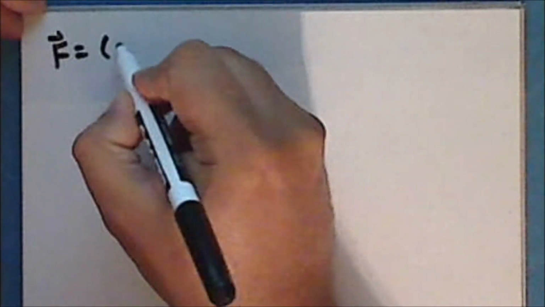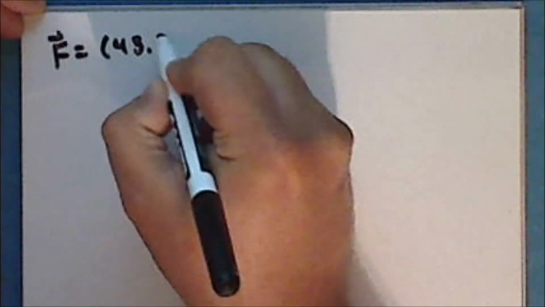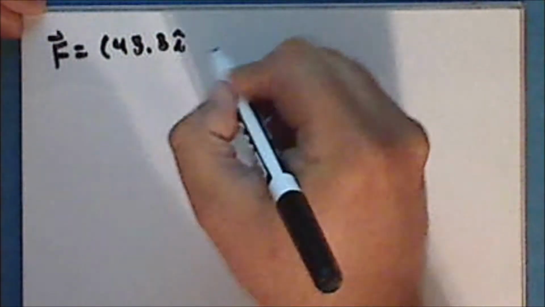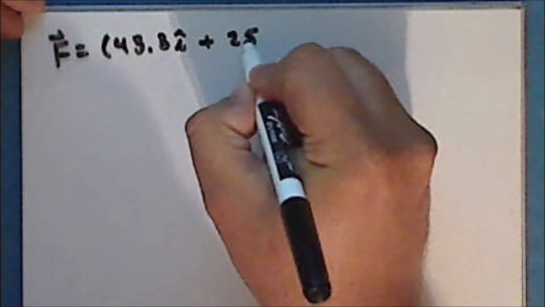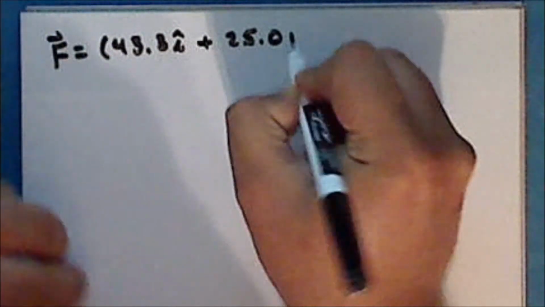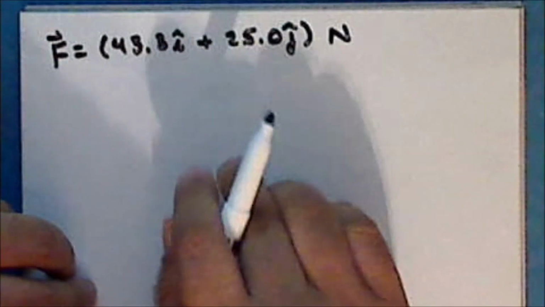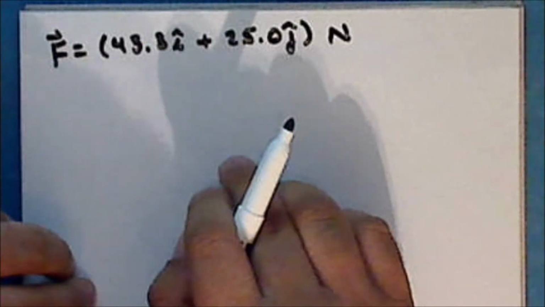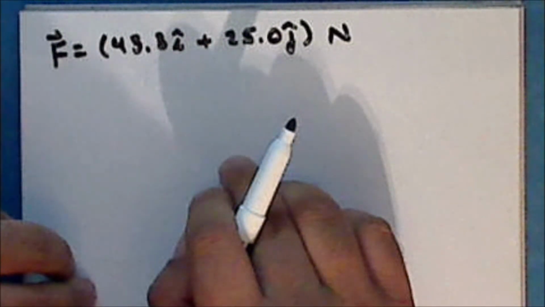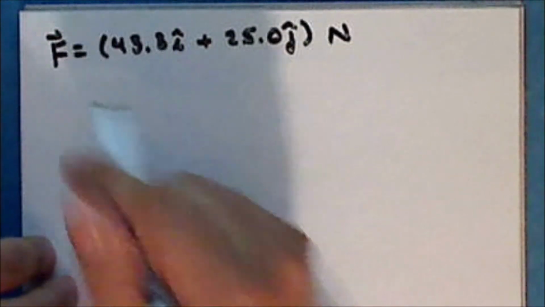Now in the previous problem we have a force vector which is equal to 43.3 times i plus 25.0 times j newtons. We need to determine the magnitude of this vector, which is the square root of the sum of squares of its components.